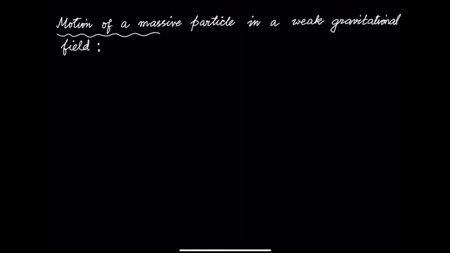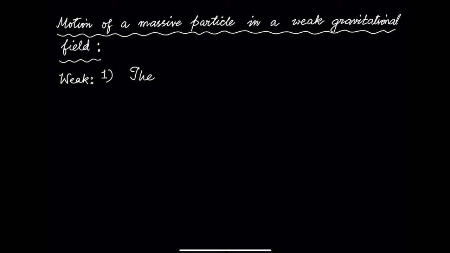So what do I mean by a weak gravitational field first? First thing I will say is that the meaning of the weak we are trying to describe is that the gravitational acceleration, so if a particle is in motion, and in this case it's a freely falling particle, so let me also put in that the particle is freely falling.